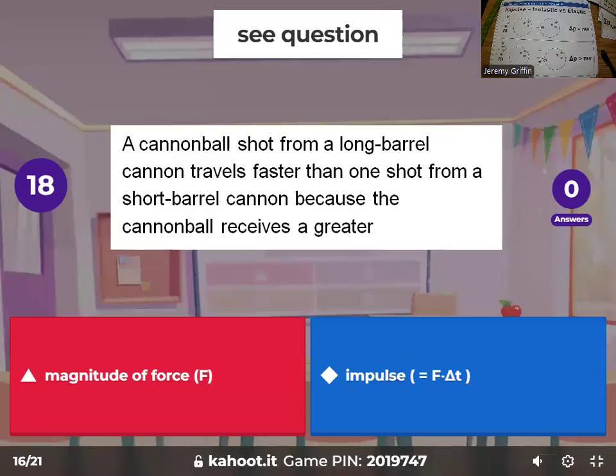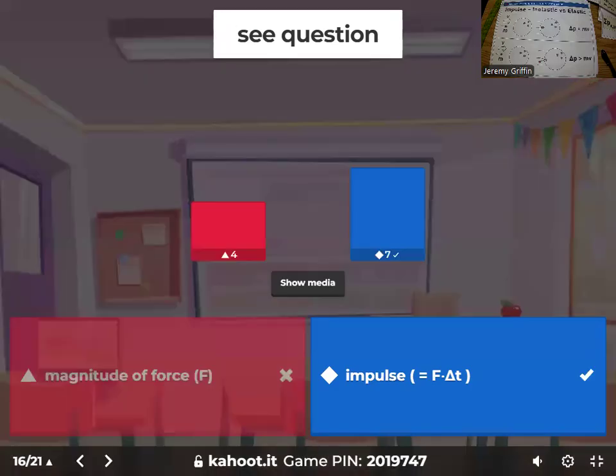A cannonball shot from a long barrel cannon travels faster than one from a short barrel cannon because that cannonball would receive a greater impulse. Yeah, all else equal.